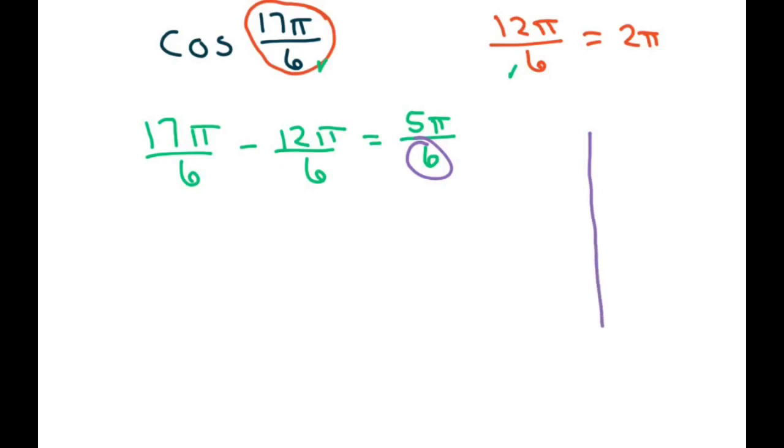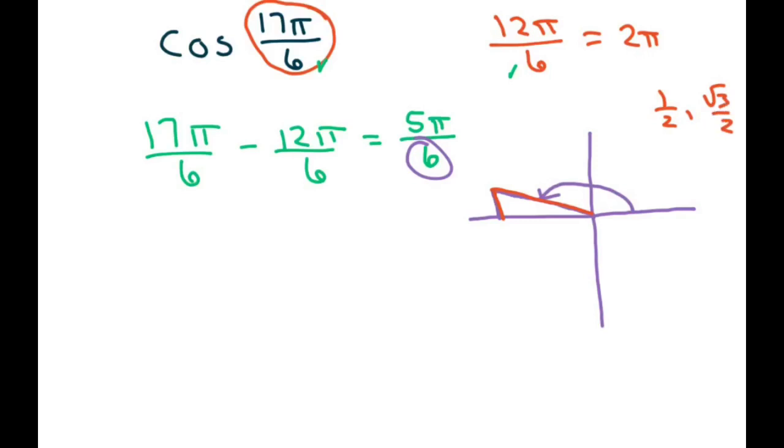So basically, 5 pi over 6 is right in here. It's 150 degrees. Okay, that would be 5 pi over 6. Cosine, and remember, the only values you really have to know for your 30s and 60s is 1/2 and square root of 3 over 2.